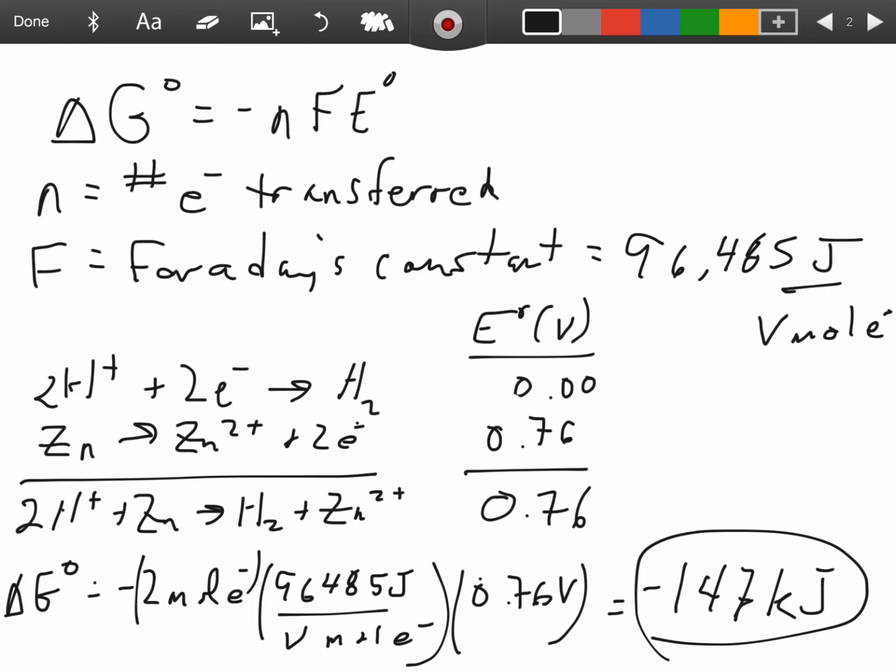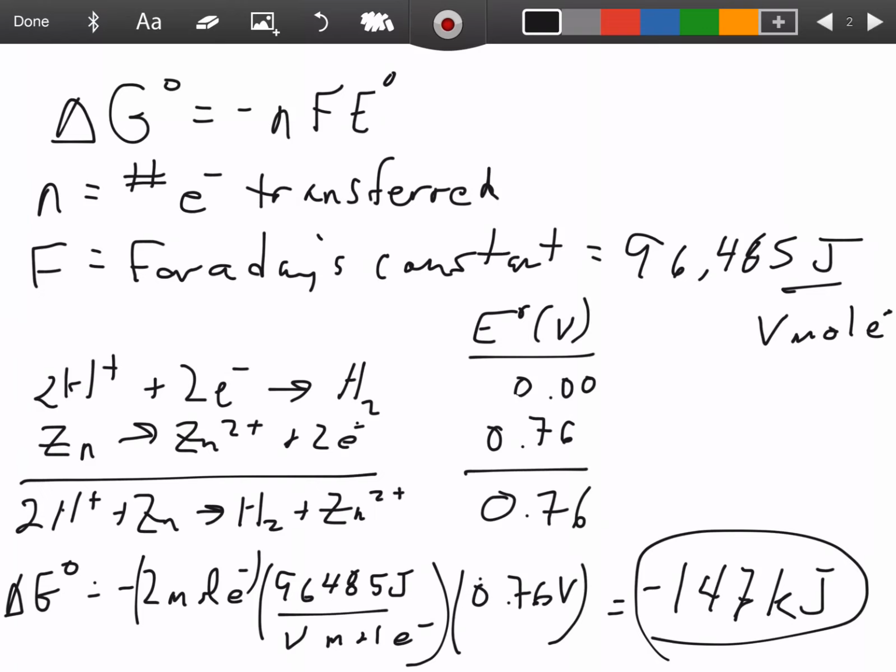And so when I look up in the back of the book in Appendix G, what I find is that the reaction of 2H plus plus 2 electrons going to H2, the potential for that reaction actually is defined to be 0.00 volts, that there is no value associated with that half reaction.